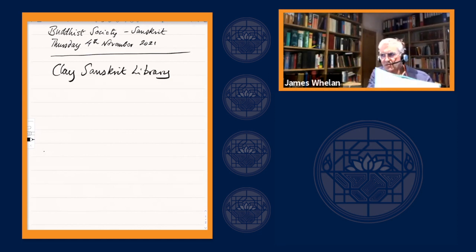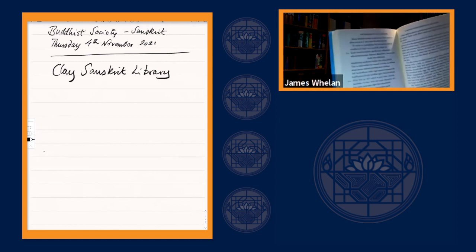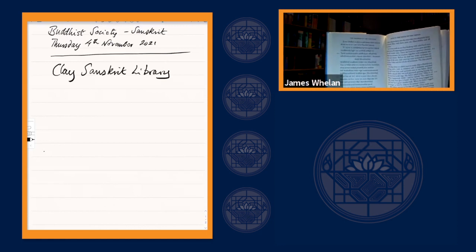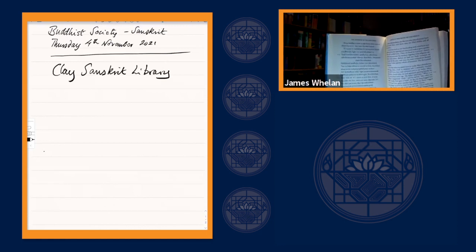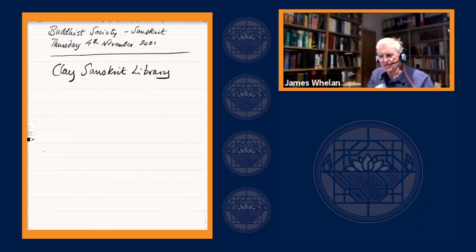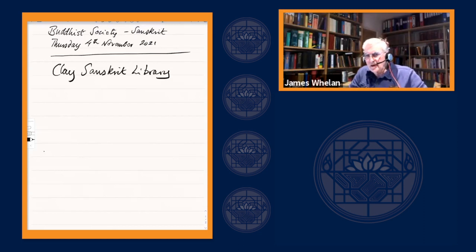So I'll show you an example there. You see the Romanized Sanskrit on the one side and the English on the other. It's mostly Hindu and secular stuff, but there are quite a few Buddhist ones, like Saundarananda, the Buddha Charita, for example. Anyway, you'll find those easily in the Clay Sanskrit Library.